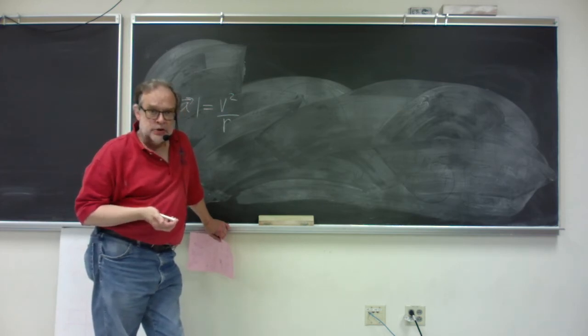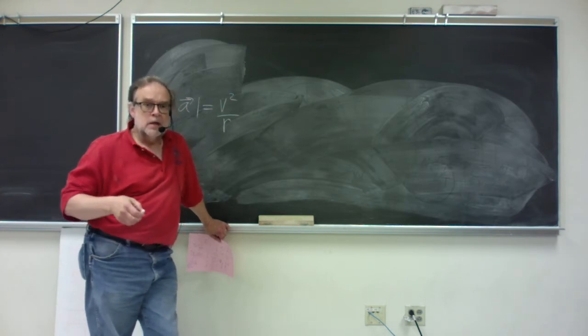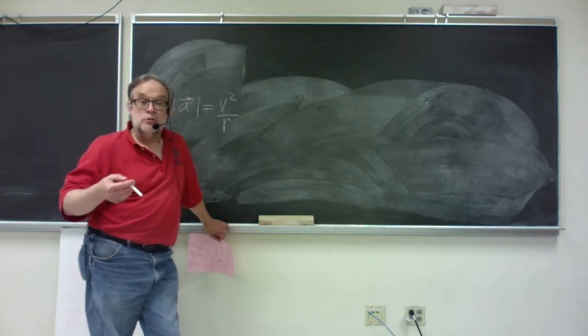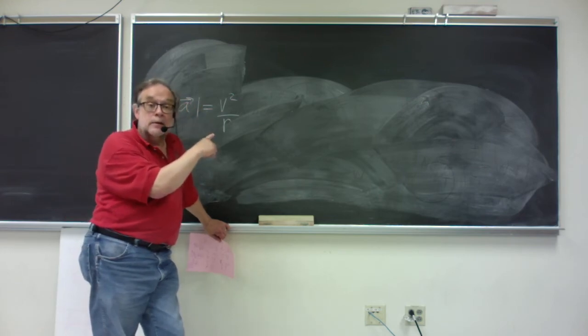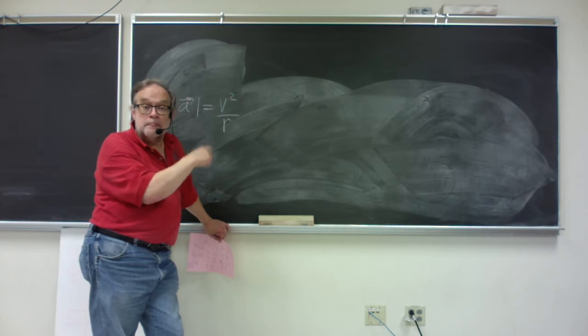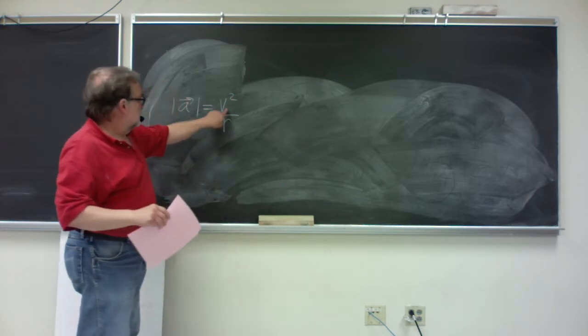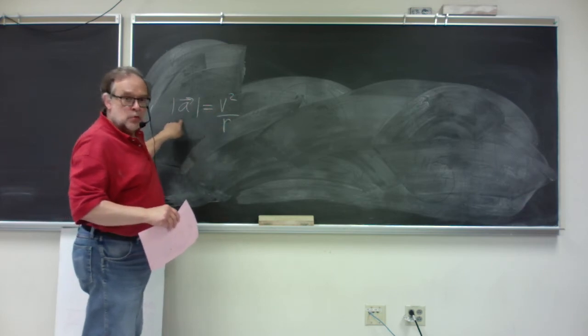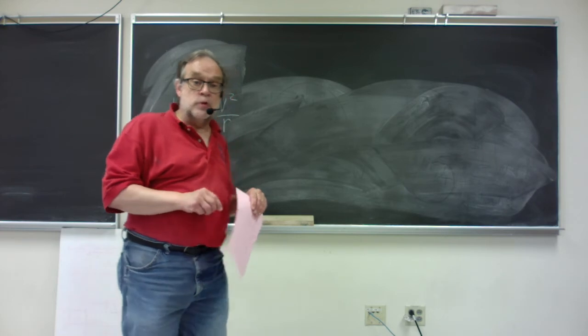It's not important to know where this equation came from, but one does need to be able to understand, first of all, why the equation looks that way. For example, why is it that a bigger speed would correspond to a bigger, stronger centripetal acceleration?